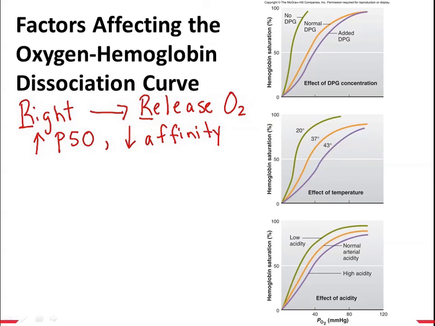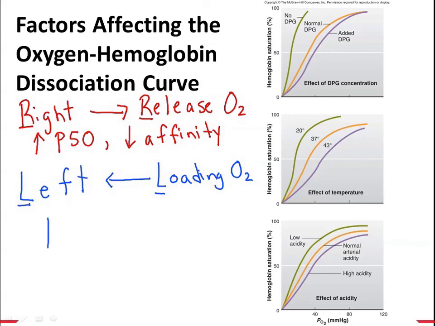And we haven't yet talked about a left shift in the curve, but by the same logic, a left shift of the curve occurs under conditions that favor the loading of oxygen onto hemoglobin. So L for left and L for loading.